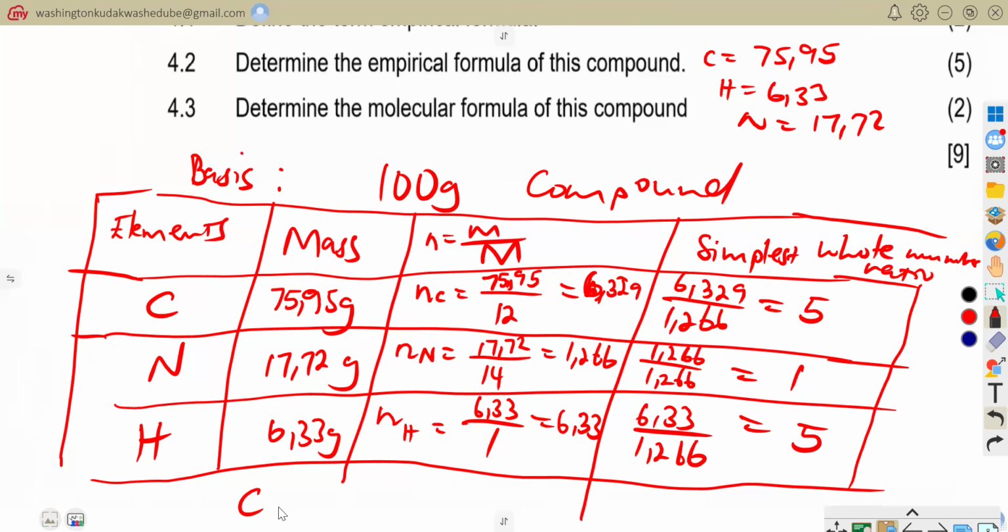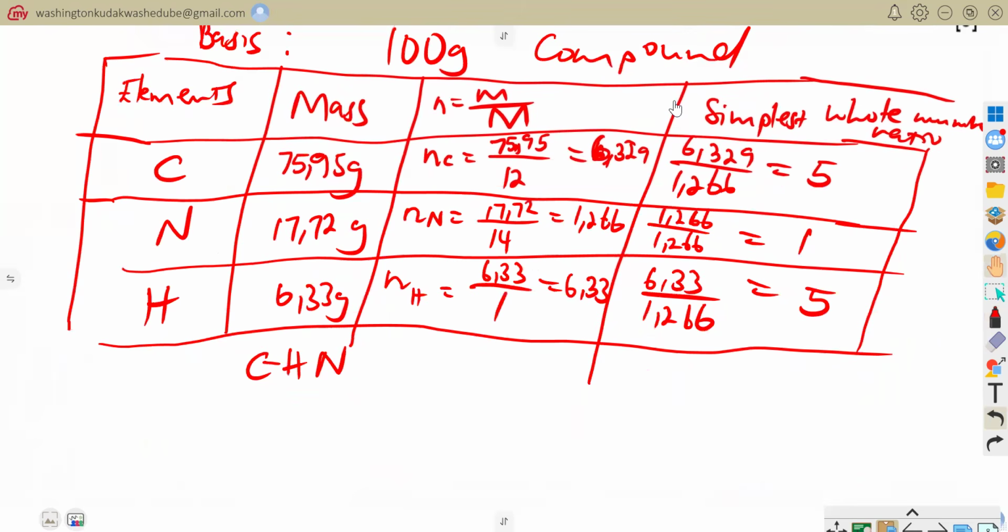So your compound can actually be CHN, because we know that carbon usually bonds with hydrogen, and then it will later bond with nitrogen. So you now need to write this down in terms of its simplest ratio. We now know the simplest ratio there.